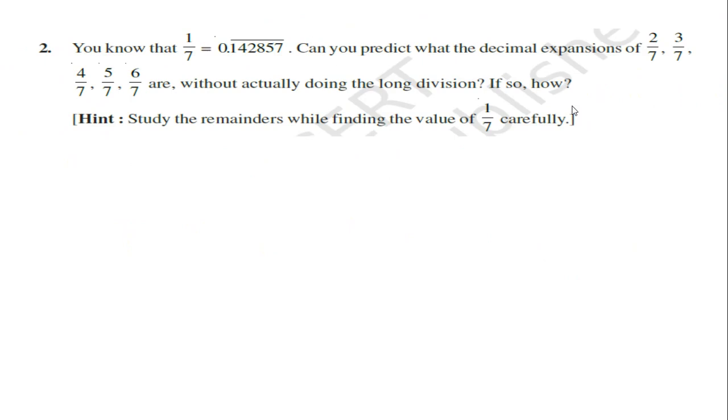Okay, see here now this is over, and second question. If you know that 1 by 7 is equal to this, can you predict the decimal expansion of 2 by 7? These things we have done previously, if you remember. Without performing long division, what to do, how to find its value?